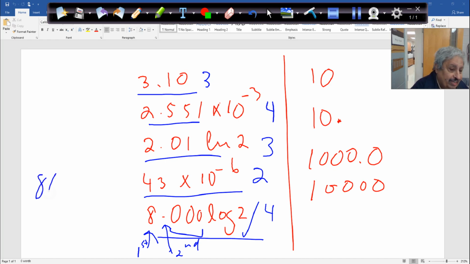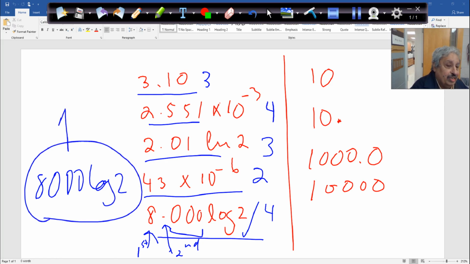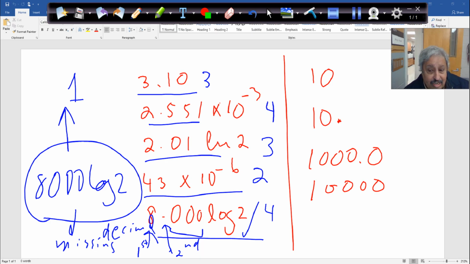If I have them like this, how many? This one is 1. Perfect. Because it's missing the second condition, which is the decimal. How about this one here? 1, not 2? 1, perfect.